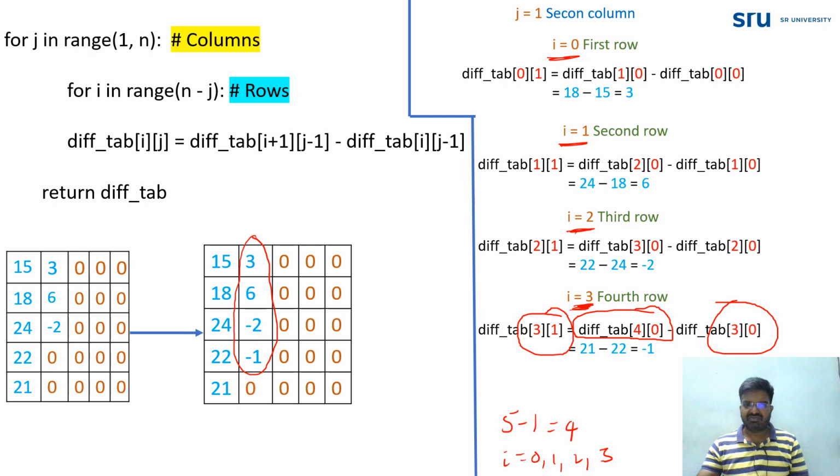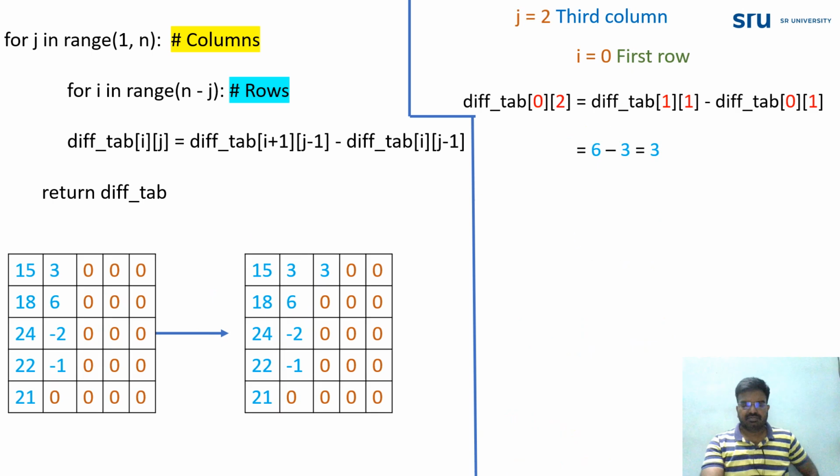Third column means we have to come back to the outer for loop. Here j takes 2. Now j takes 2. You can look at this. The j value is 2, which means we have to fill the third column with differences. Then we can go for the inner for loop.